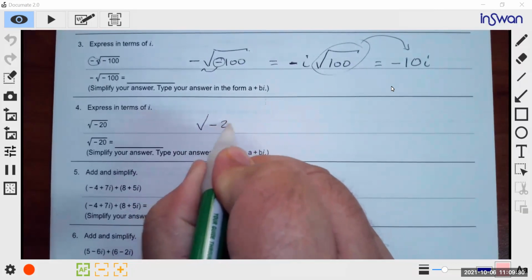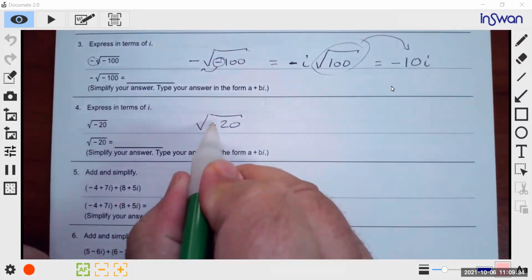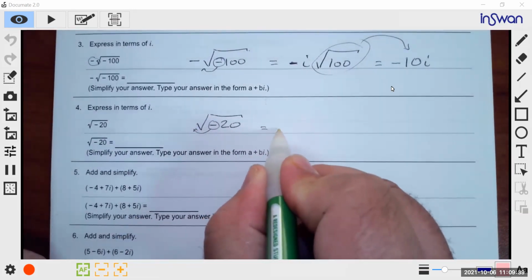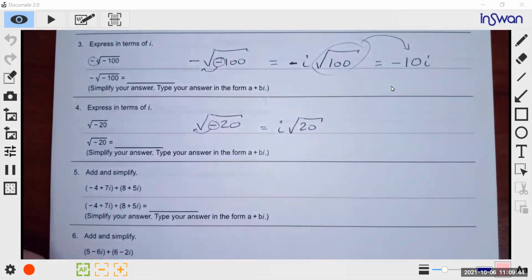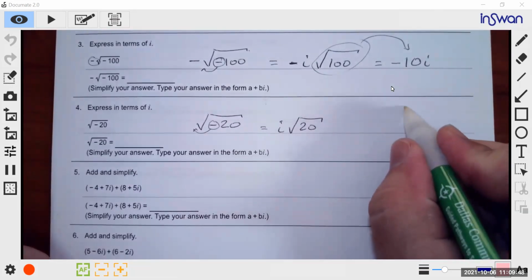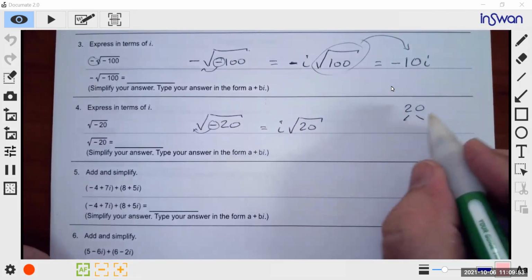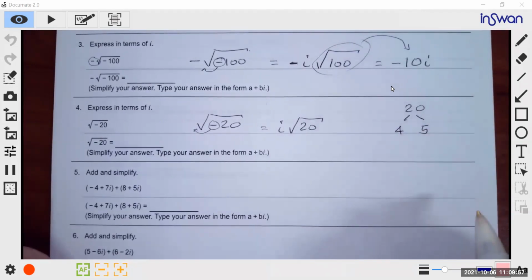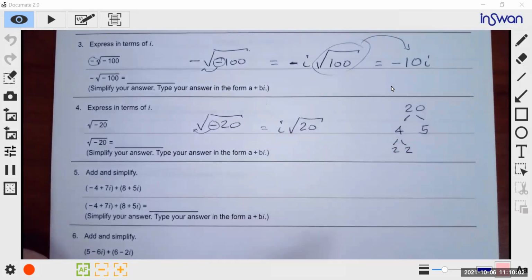Radical negative 20. So we take out the negative, make it an i. Can 20 be simplified? 4 times 5. 4 is made up of 2 times 2.